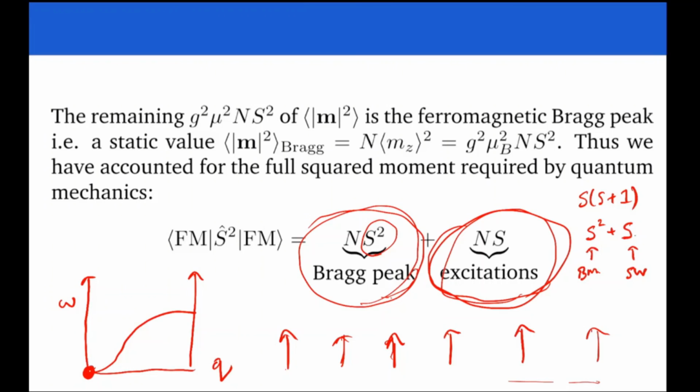So these are fluctuations, and this is the order. For a ferromagnet, it's a very clear separation of the two things. If you were to measure the spectral weight from the Bragg peak by scanning and measuring that, you can add this up and then get the total moment on each site.